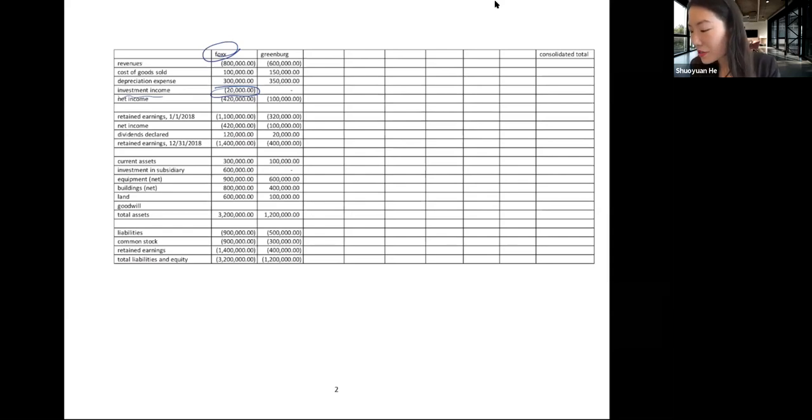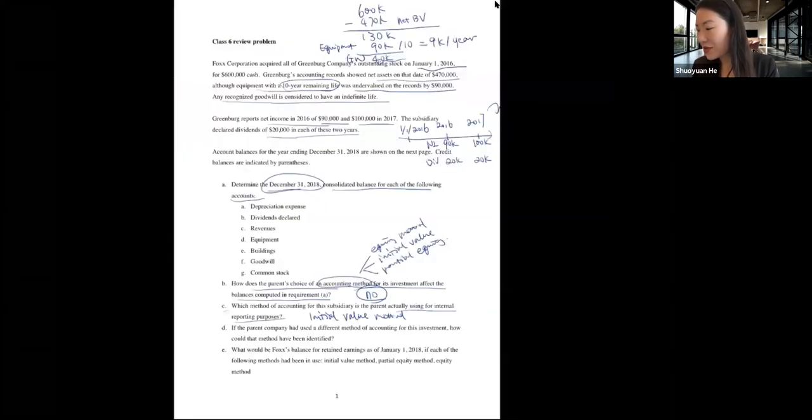And there's another place you can figure it out. It is from the firm's investment account. So the investment account balance is 600,000. Why is it 600,000? What is this 600,000? That is the initial investment here, right? So it is only under the initial value method that the investment account balance is always the initial investment.